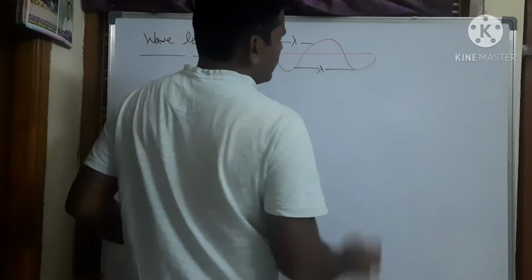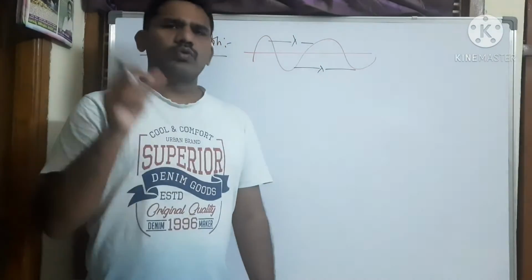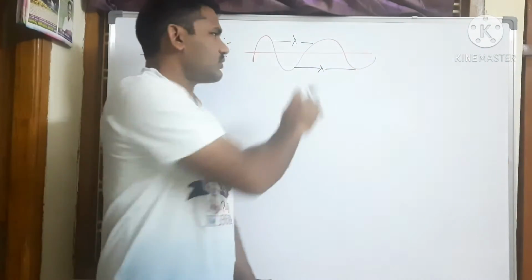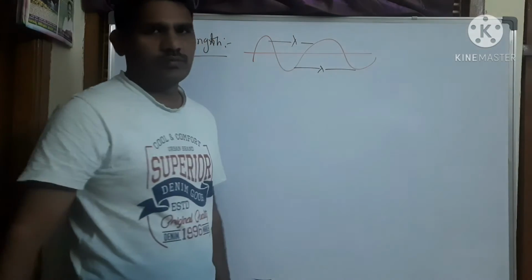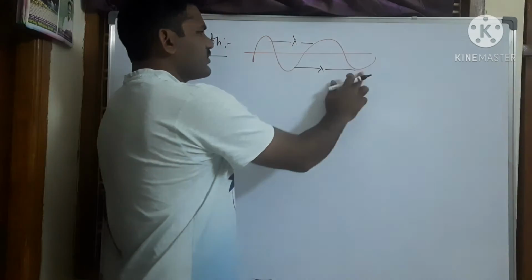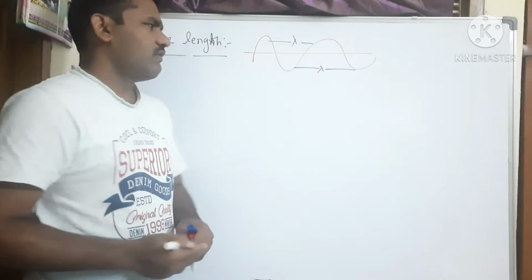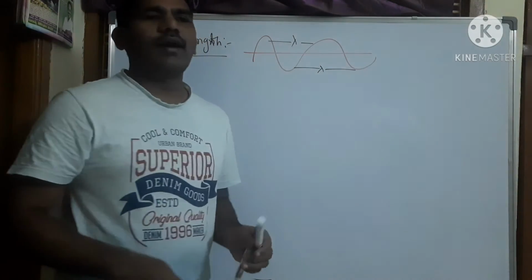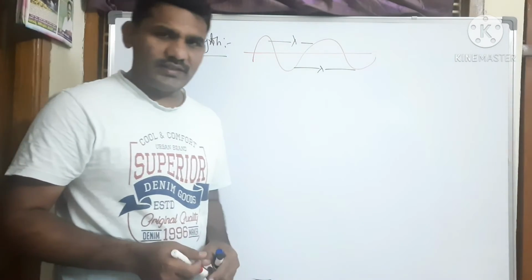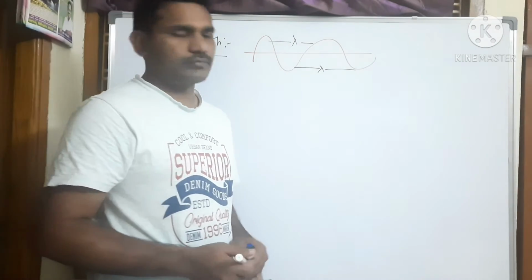I repeat, the distance between two consecutive crests, these are called crests, and two consecutive troughs is called a wavelength. Wavelength is indicated by the letter lambda.